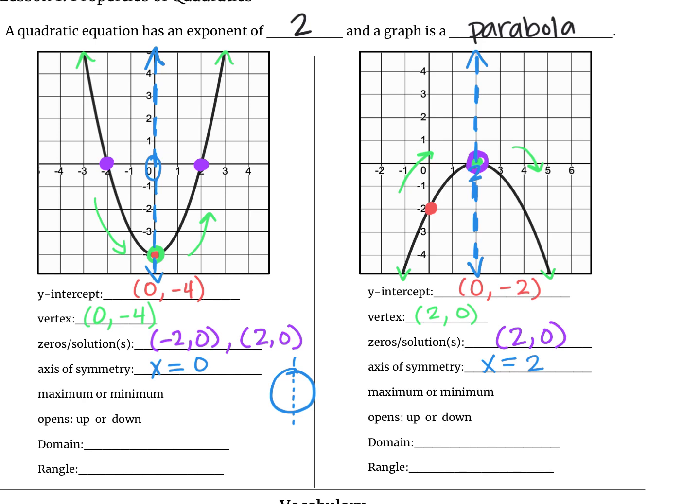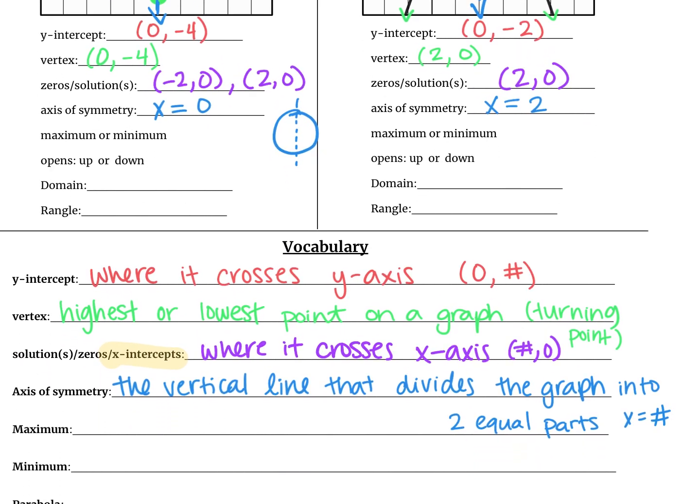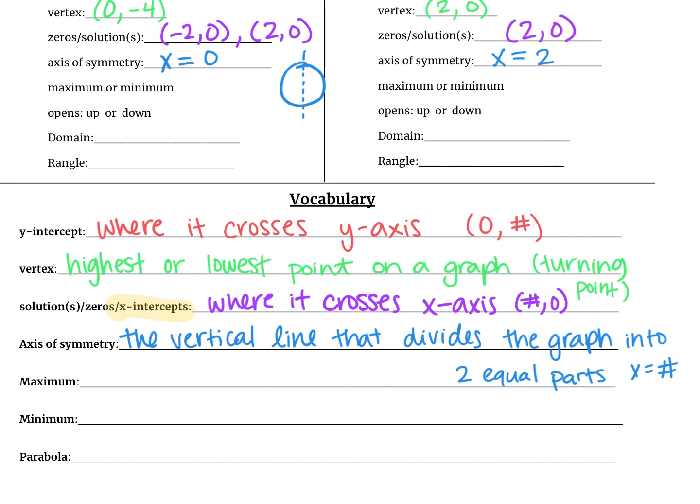All right, the next thing, maximum or minimum. So what we need to know about a maximum or minimum is a graph has a maximum point when there is a highest point, okay? So for the maximum, we're just going to write that this is where we have the highest point.